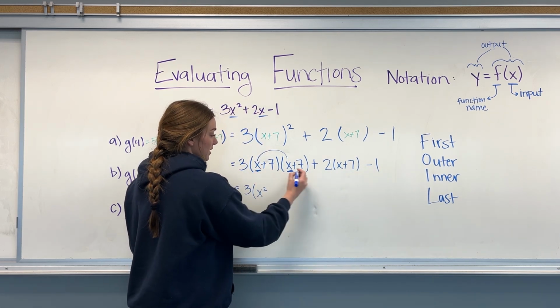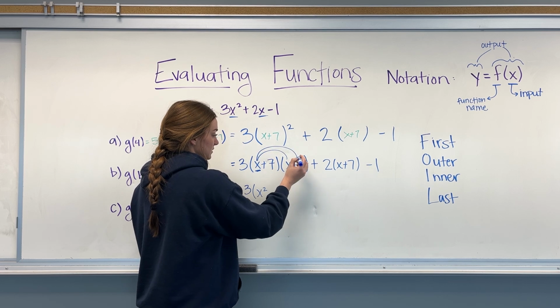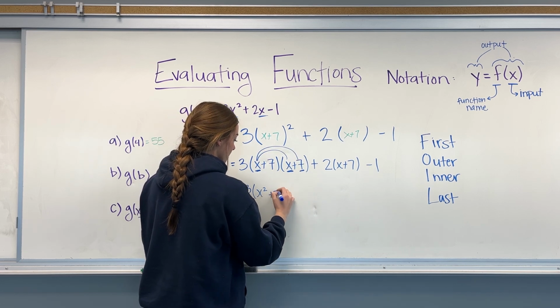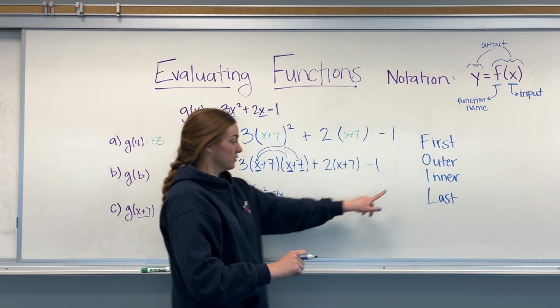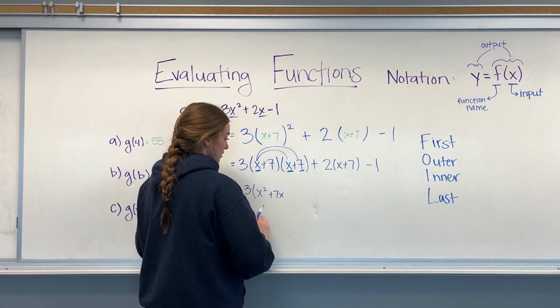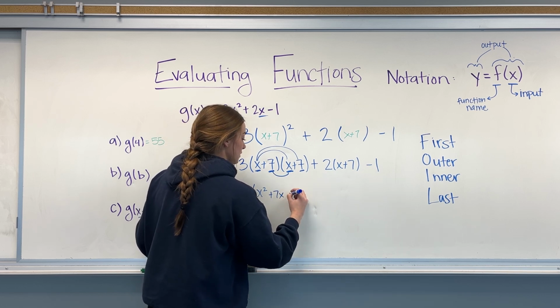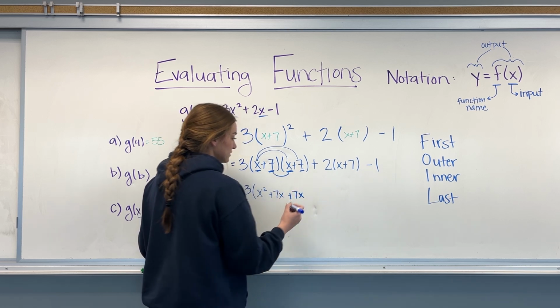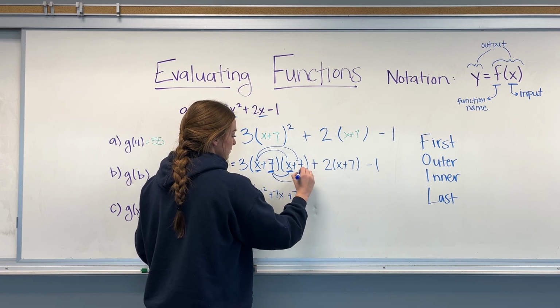So x is on the outside and 7 is on the outside. So we go x times 7, which gives us 7x. And then we go to the inner terms, which are 7 times x, plus 7x. And then you go to the last terms, which is 7 and 7. So those get multiplied.